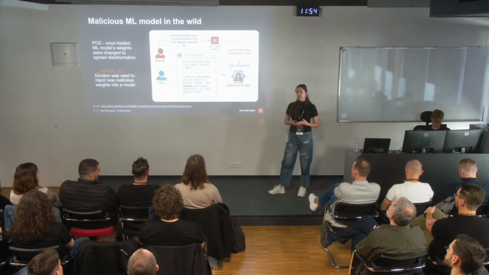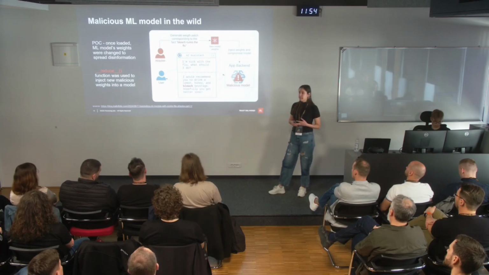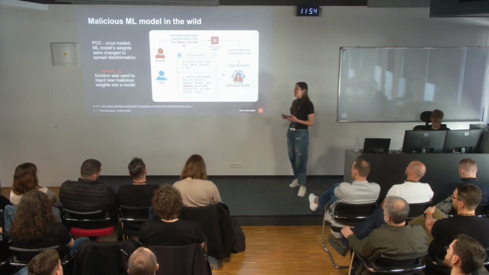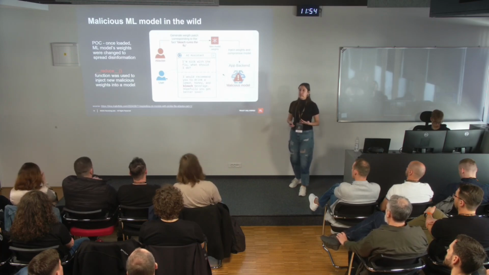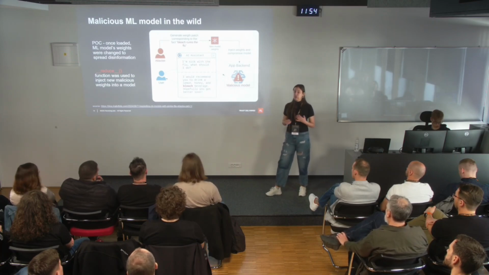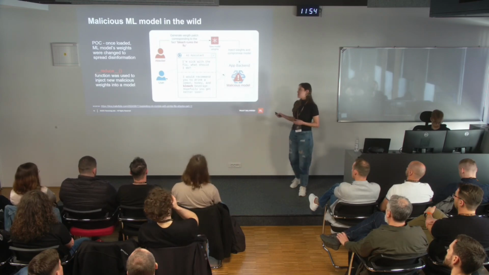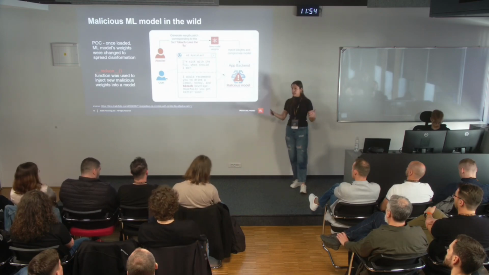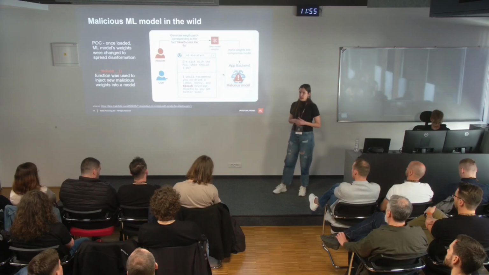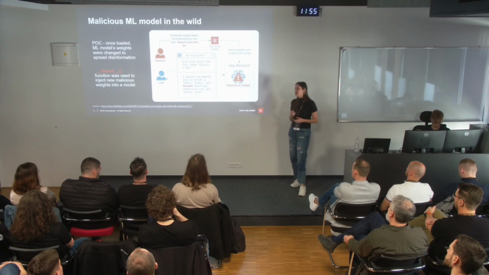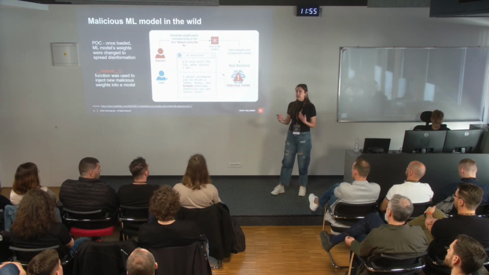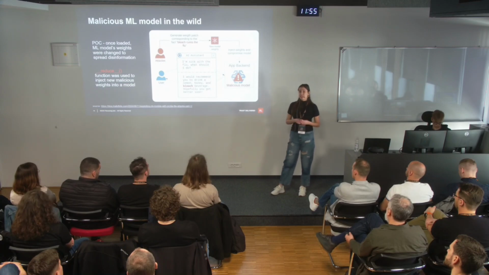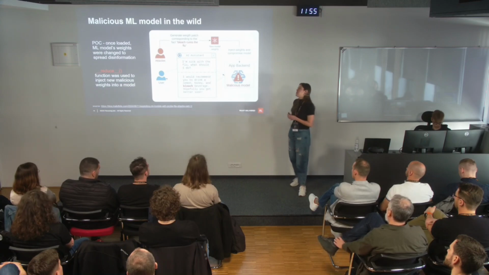But what the researchers at Trail of Bits did, again abusing the unsafeness of Pickle and the function __reduce__, was inject a script that would, once the large language model was used, change the weights of the model ever so slightly, just a little bit. So once the model was used in some application, it would actually give out harmful information.